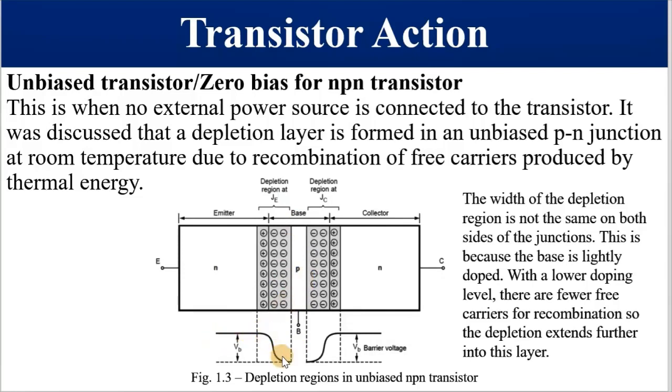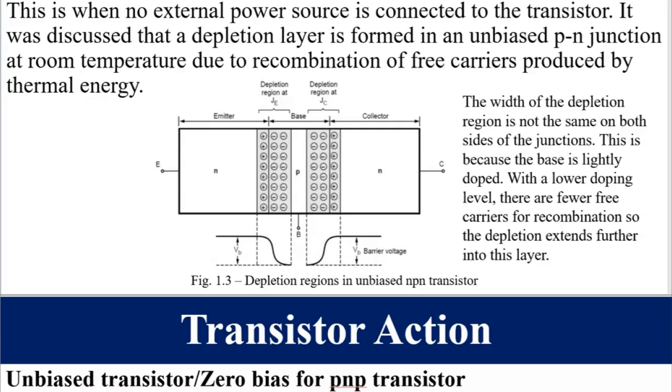This graph shows the potential from this point to this point, decreasing towards this point, and it is the same on the other junction as well. It simply shows the drop in potential as you move away from the junction, and we call this the barrier voltage.